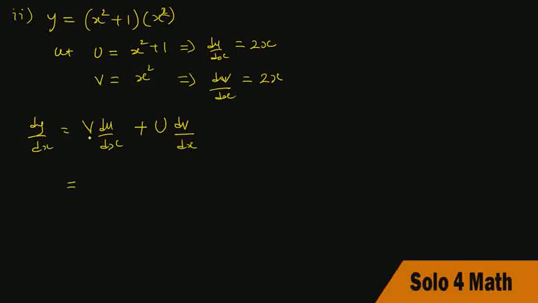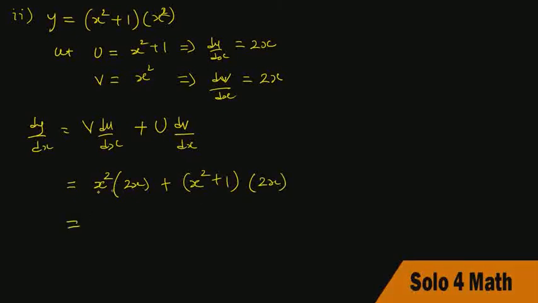Okay, let's substitute. What is our v? It is x squared into du/dx, which is 2x, plus what is our u? Our u is x squared plus 1 into dv/dx, which is 2x.